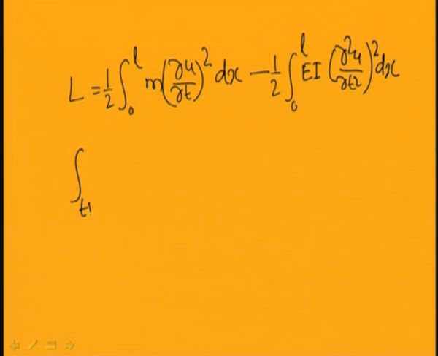So, the Hamilton principle can be written as integral T1 to T2 del L dt equal to 0.